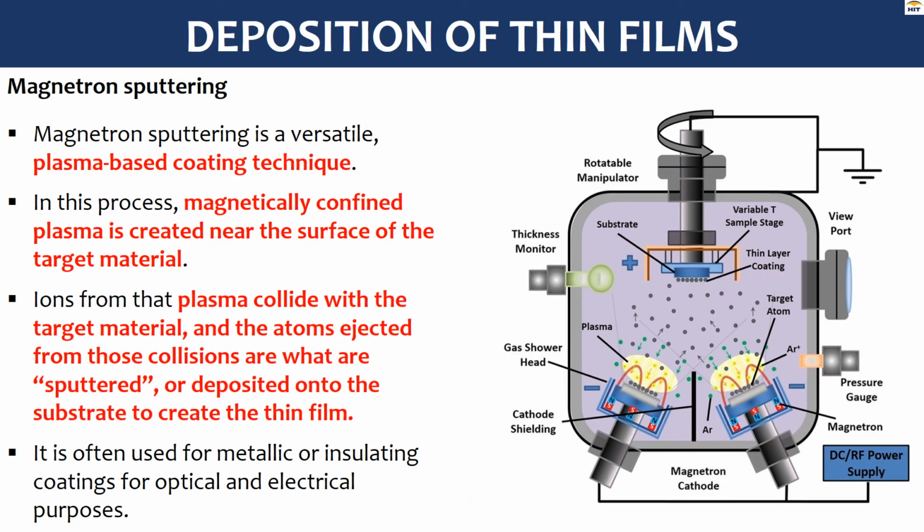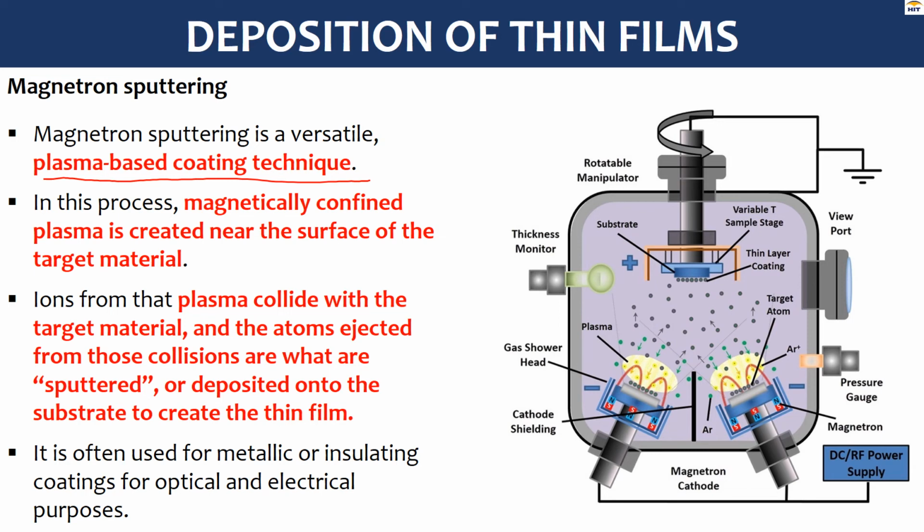Here is an example of sputtering using a magnetron. A magnetron is a plasma-based coating technique. In this process, your plasma, which is magnetically confined, is created near the surface of the target material.